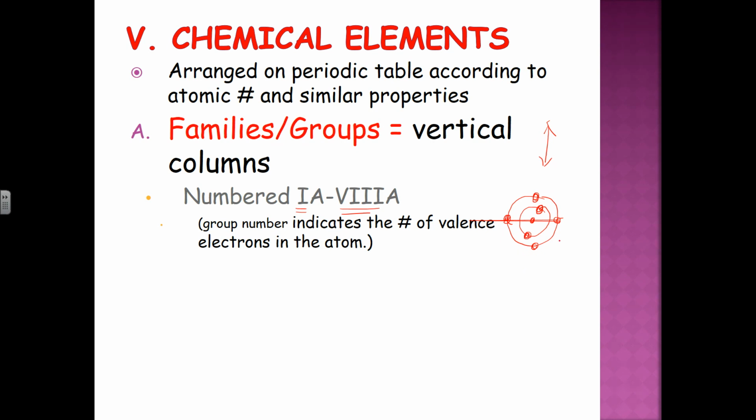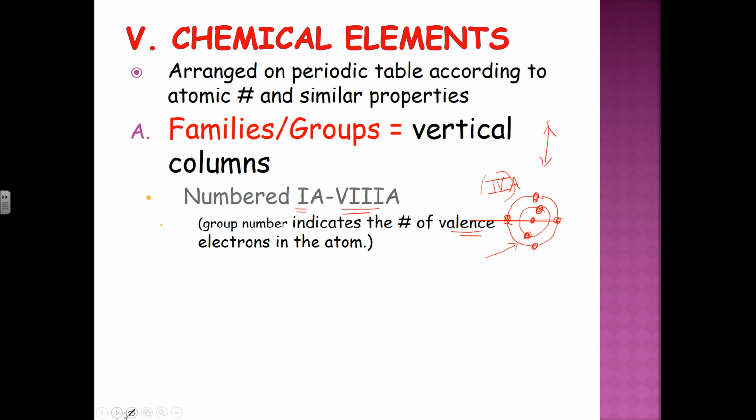Now, it could hold up to 8 in the second energy level, but let's just say we stopped here with an element with 4. These electrons in the outer energy level are referred to as the valence electrons. They're the outermost electrons. So the fact that this little Bohr model that I've sketched has 4 valence electrons means that it would be found in family 4A, because the group number tells you how many valence electrons are in the element.